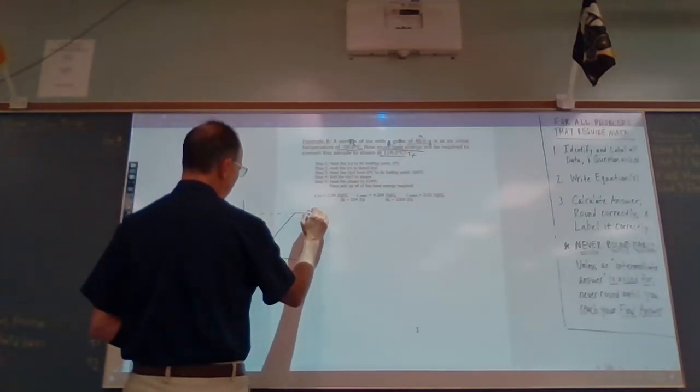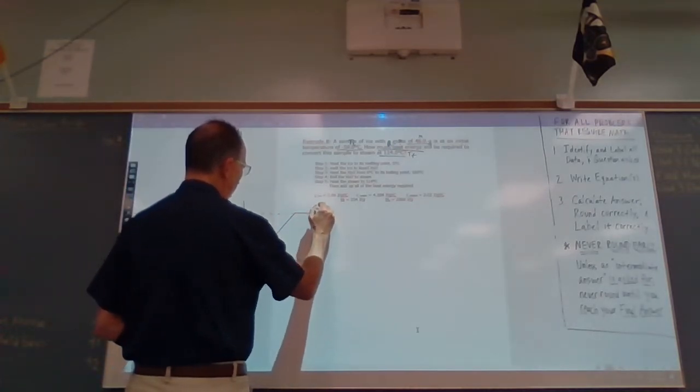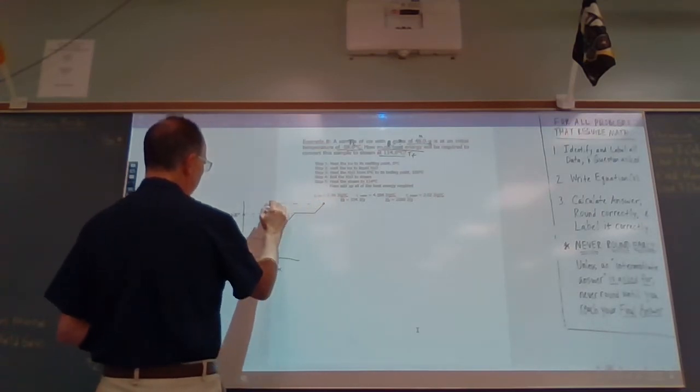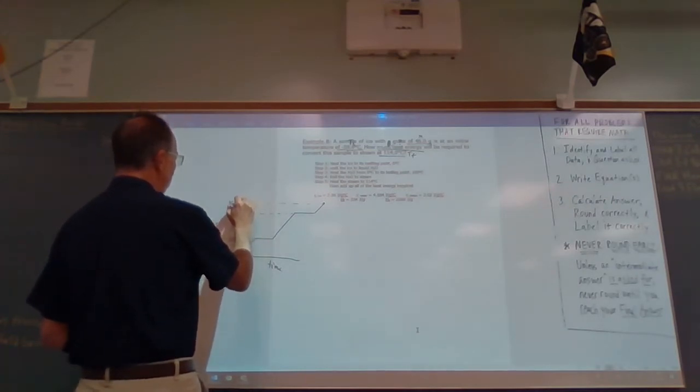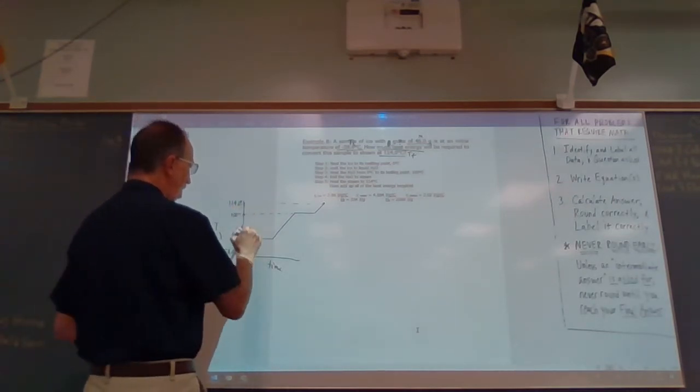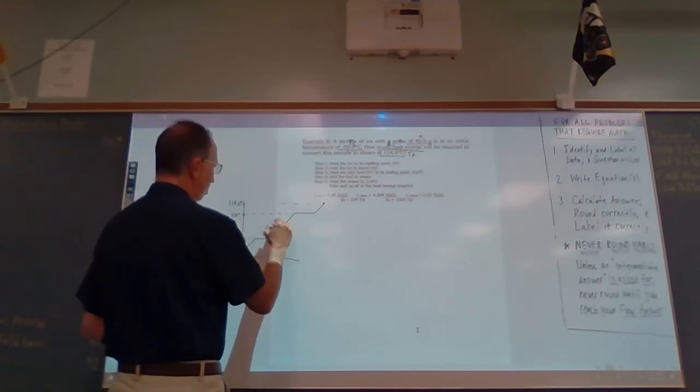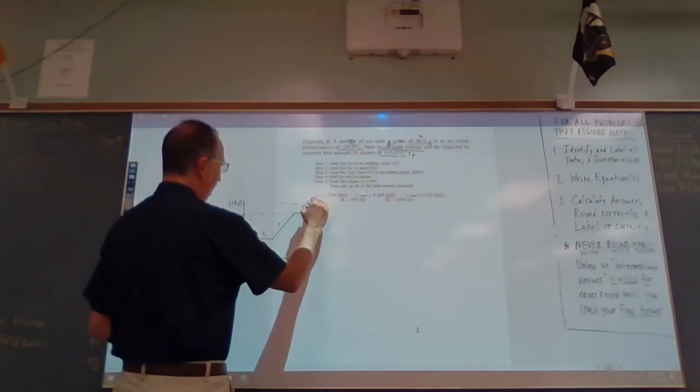We're going to vaporize it, and then we're going to run it up some more, way up here to 114.0 degrees. So we're looking at all 5 stages, 1, 2, 3, 4, and 5.